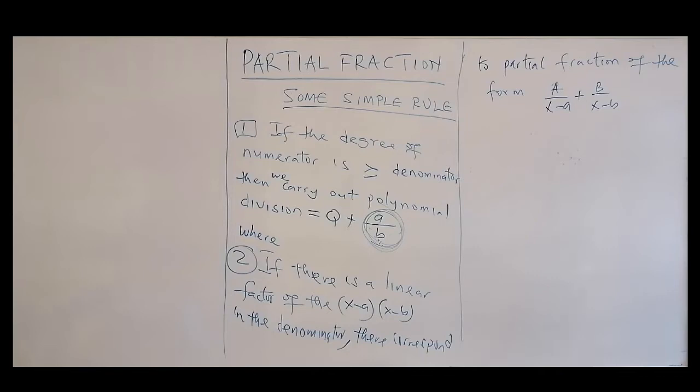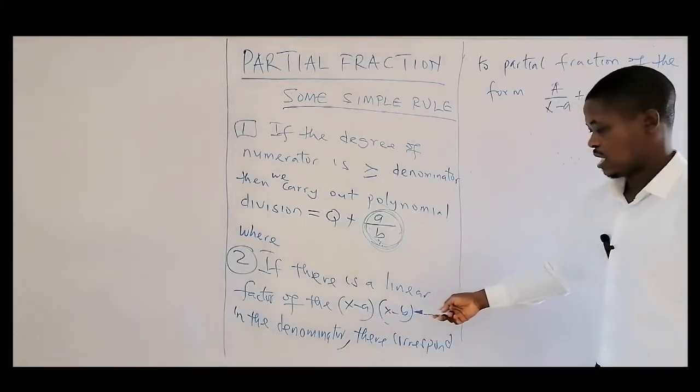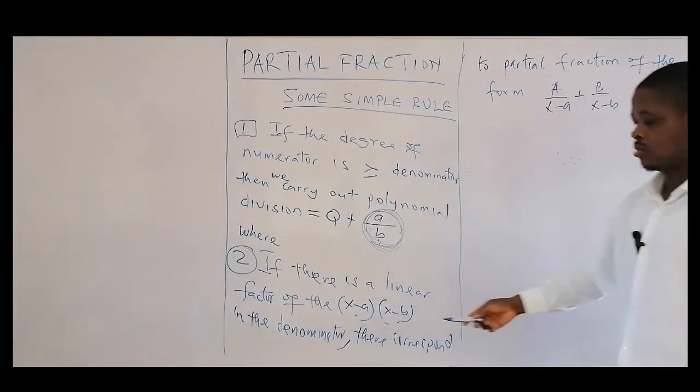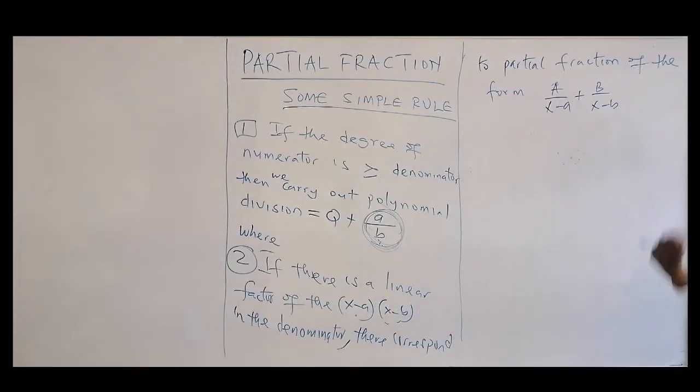So that's what we are saying: if you have linear factors of this form, this one times this one, in the denominator, that will correspond to a partial fraction of this form. Okay, let's look at the example.